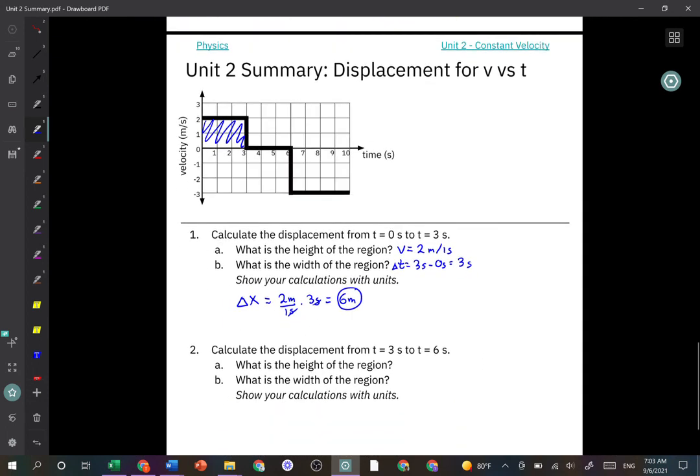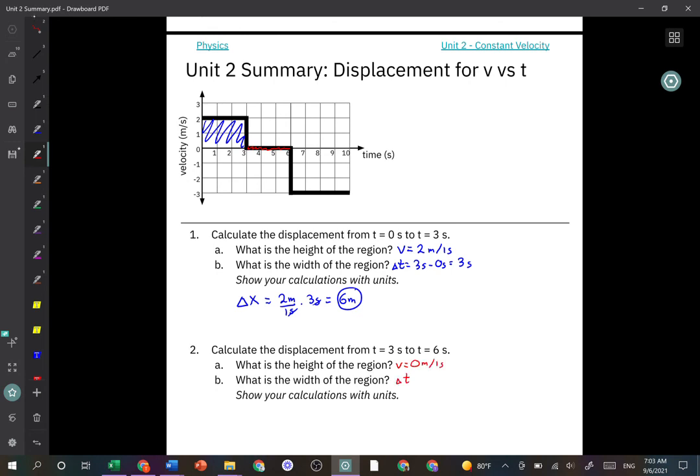The second region of the graph, from 3 to 6 seconds, well, that's going to be right here. The height of this region, well, it looks like the height is just staying constant, where our velocity here is going to be 0 meters every 1 second.